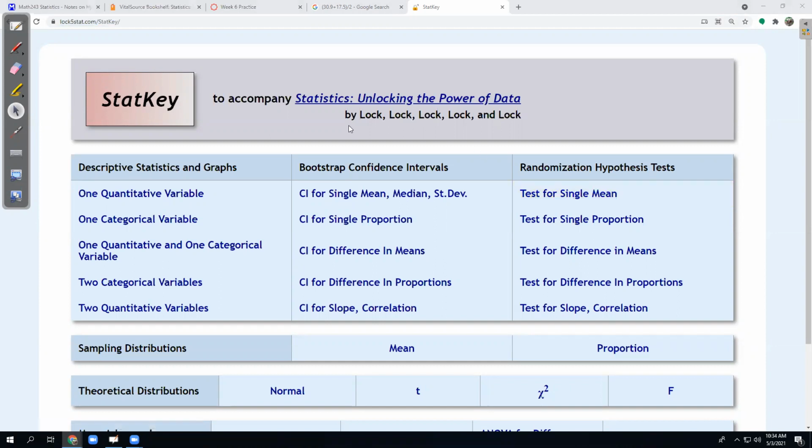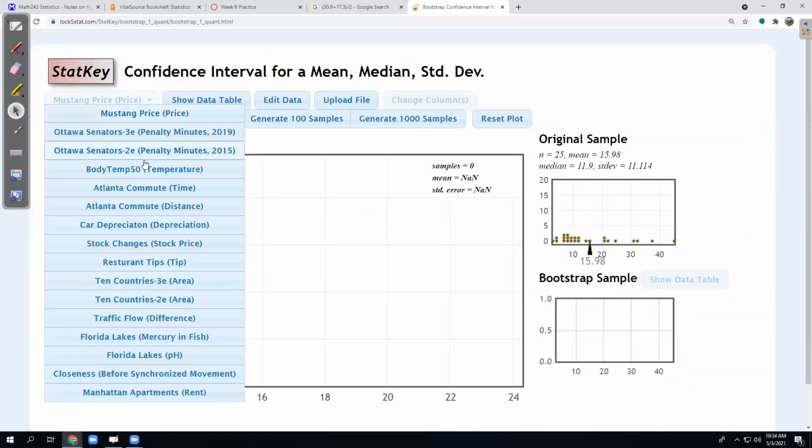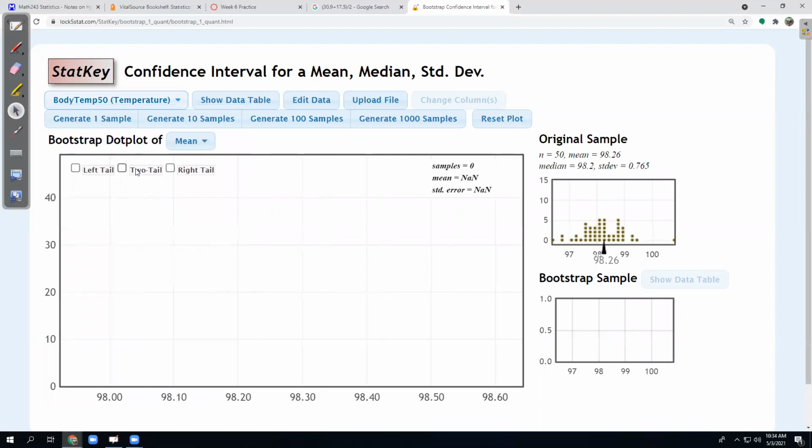And I want to do a confidence interval. So I'm in this middle section here, and I have a mean, not a proportion, not a difference. So this top one. And they already have, I believe, data here, human body temperature. Okay, so this is the body temperature of 50 randomly selected college students from a bigger sample they had of data.